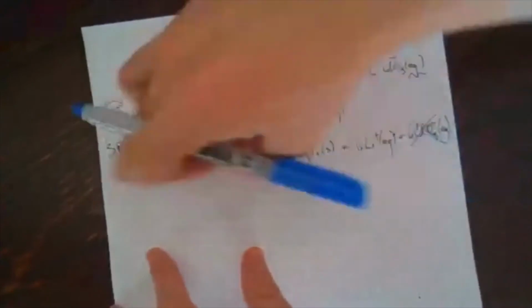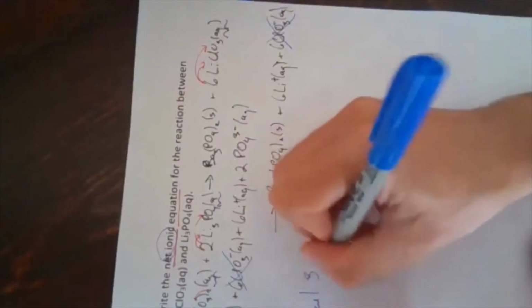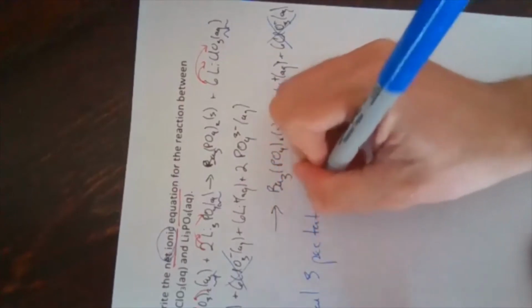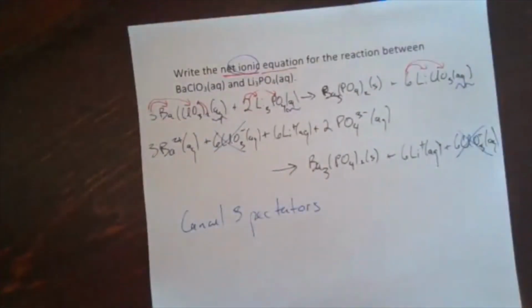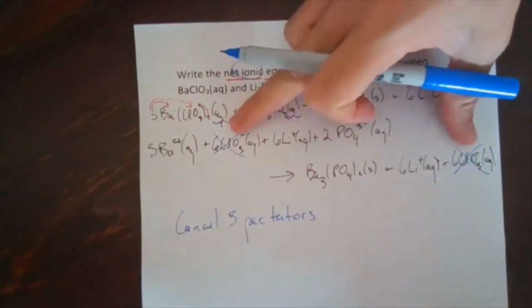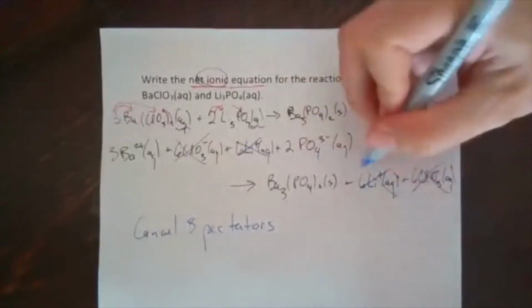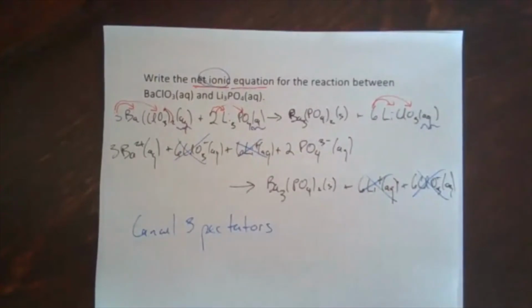Those are my spectators. So once I get to this, I want to cancel the spectators. Chlorate shows up in the exact same dissolved independent state on both sides. The lithium also shows up. So those are what I want to cancel.